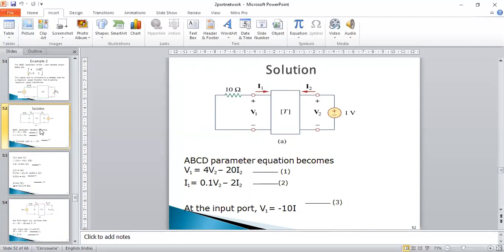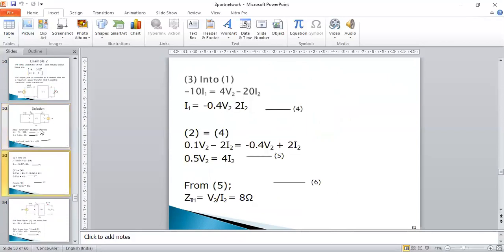At the input port, V1, see the figure. When we apply KVL at the input port, we write V1 is equal to minus 10 I1, and put this equation 3 into equation number 2.